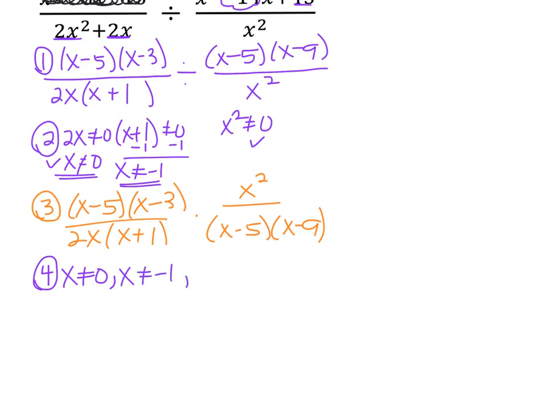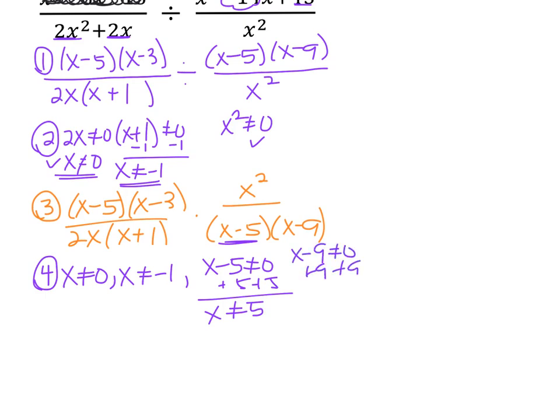And if we set x minus 5 not equal to 0, we'd add 5. So x also cannot equal positive 5. And then the same thing with x minus 9. Add that to move it over, and x can't equal positive 9 as well. We have 1, 2, 3, 4 total restrictions in this problem.